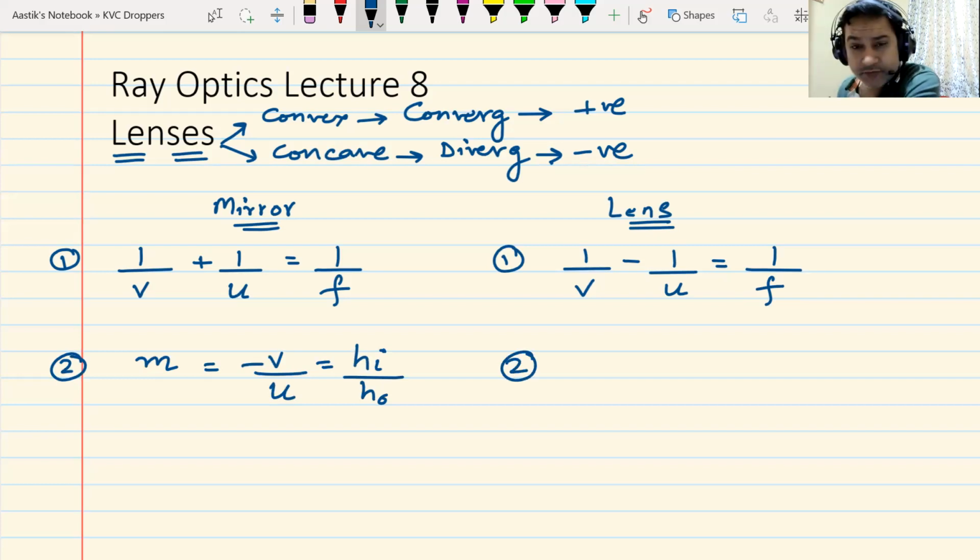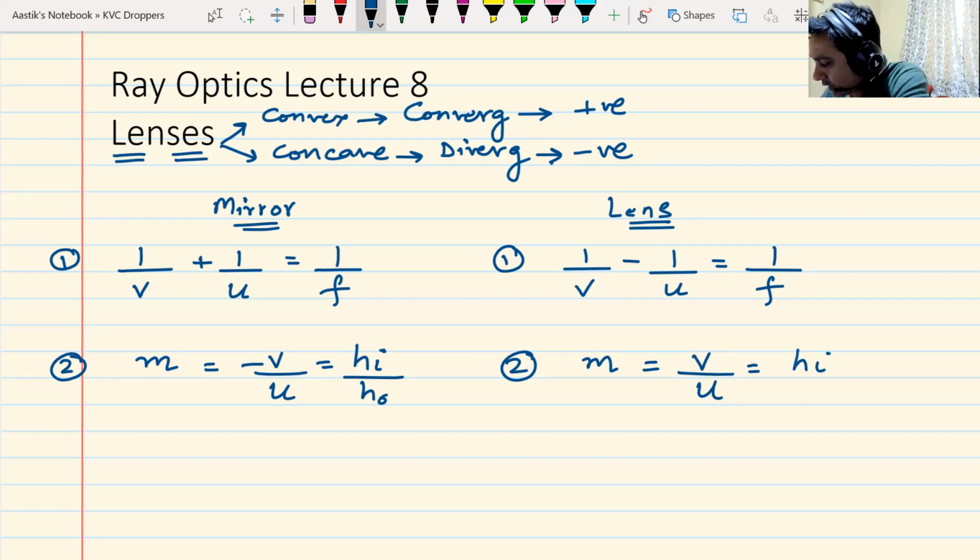Yes, sir. The formula for magnification here, M, is V by U, the minus sign is gone. That is equal to height of the image divided by height of the object. Do we understand this?